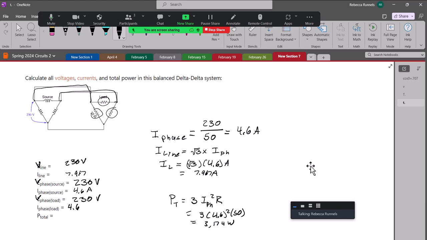Yeah. So the I phase is the V phase over the load. Yes. It messes me up that load and line both start with L, but yes. So it literally is just the current across that little thing right there.